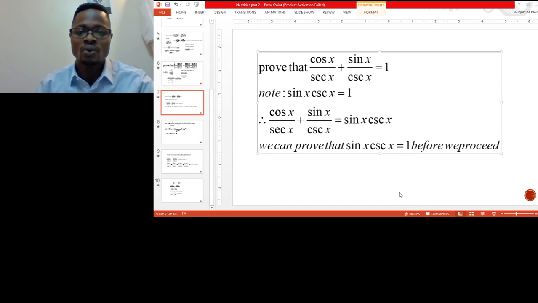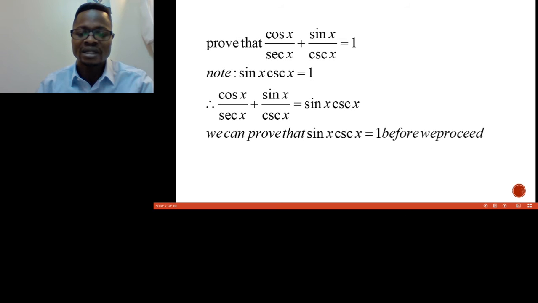Of course, if this is equal to 1, we have to know that there is this particular identity, and it is very important: sin x cosecant x is equal to 1. So we can as well say that all this identity on the left hand side is equal to sin x cosecant x, because cosecant x sin x is the same as 1.